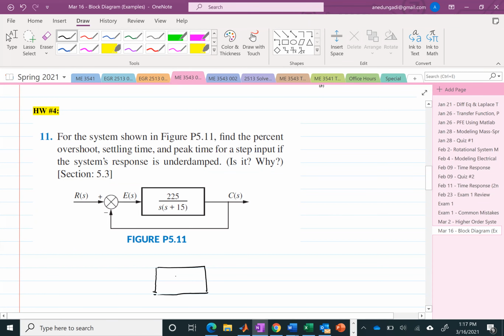From here on out, I'm going to call the equivalent transfer function T, which is referred to as the total transfer function. T has an input R and the output C.